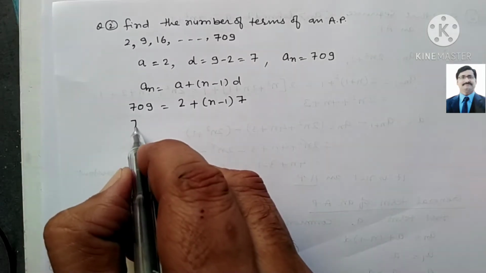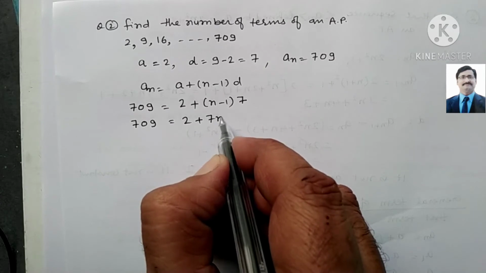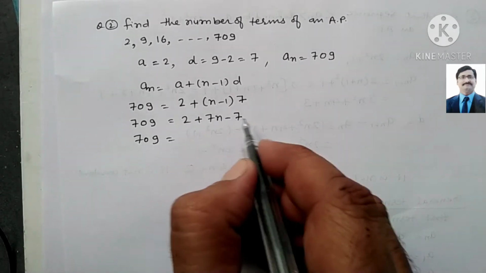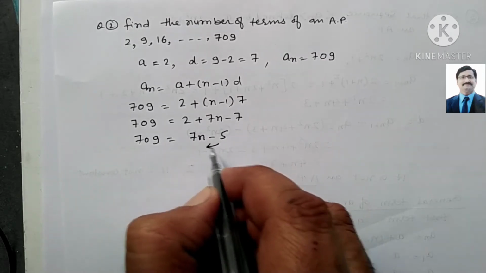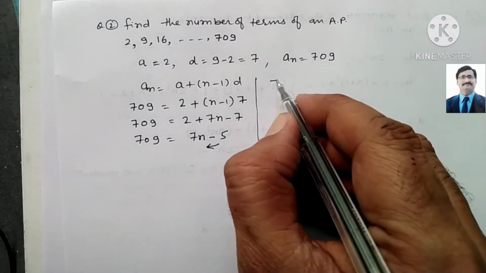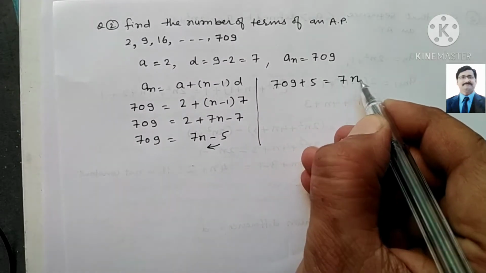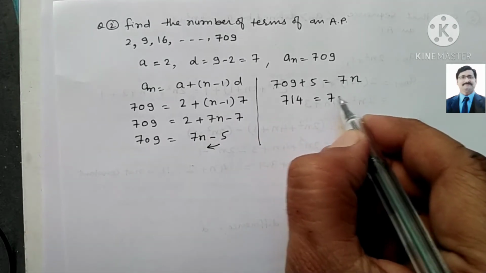Here An is 709, A is 2, n we have to find, and D is 7. We will open the bracket, we get 2 plus 7n minus 7. So 709 equal to 7n, 2 minus 7 is minus 5. Minus 5 we transfer, we get 709 plus 5 equal to 7n. We add, we get 714 equal to 7n.